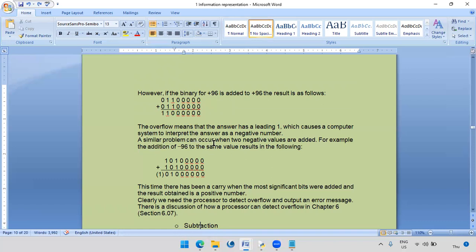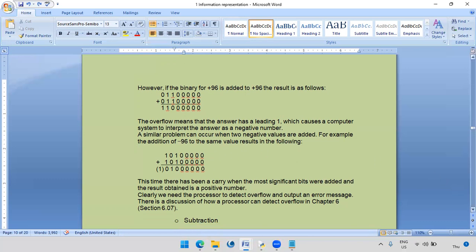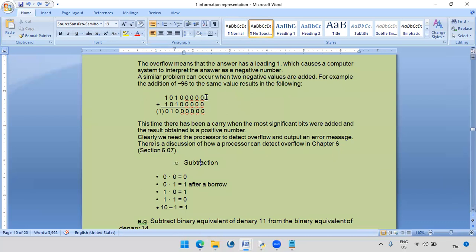A similar problem can occur when two negative values are added. For example, the addition of minus 96 to the same value results in the following. So that happens. What happens? Here, the overflow, this time, this is extra.